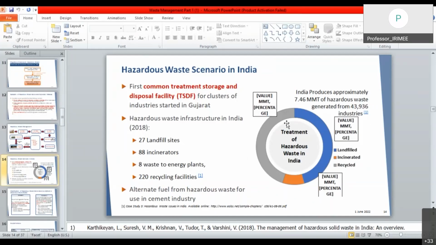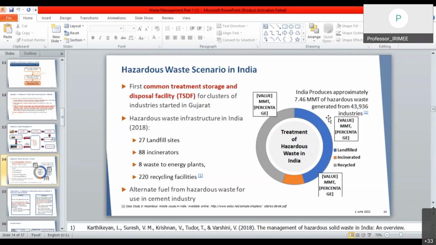Since hazardous waste is generated from a lot of different, small industries, each and every industry cannot treat the waste economically. For that purpose, some common treatment, storage and disposal facilities have been created. The first such facility was created by a cluster of industries in Gujarat.